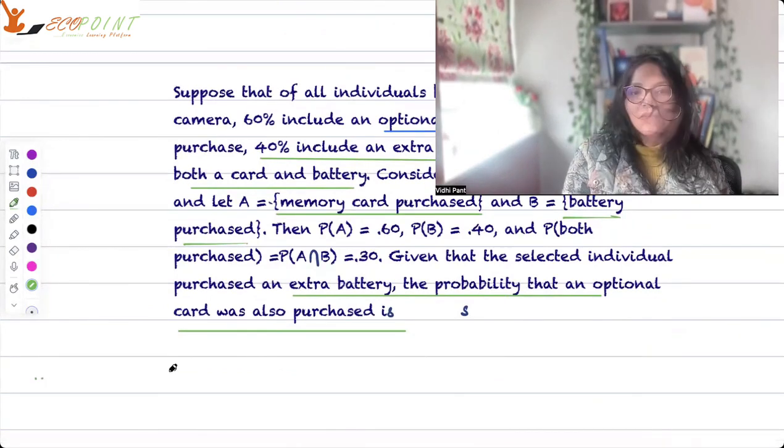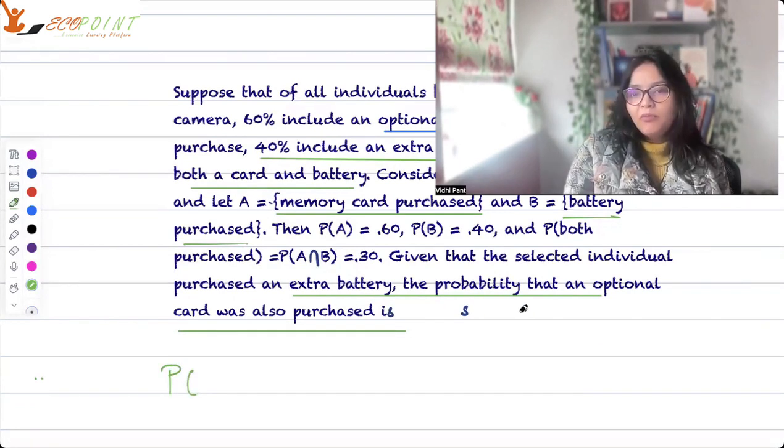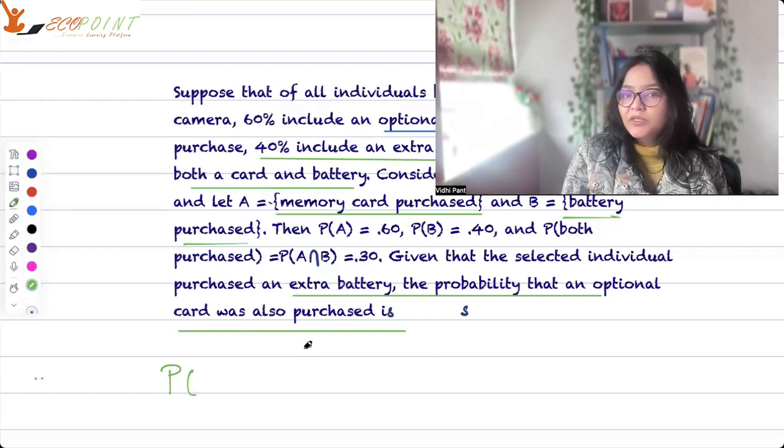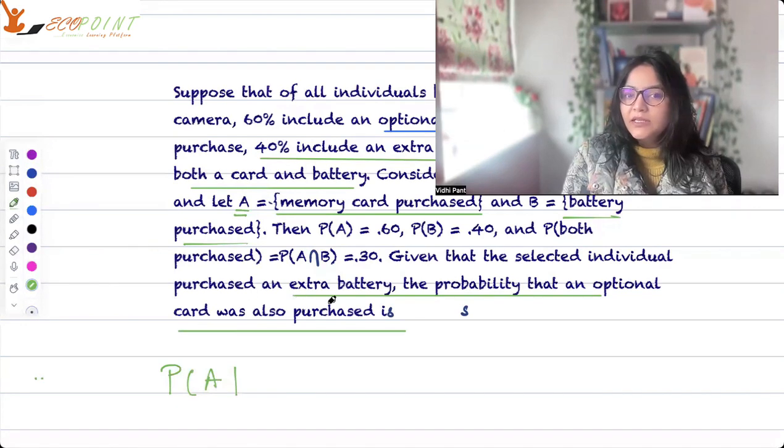So what is the probability we need to find out? The probability that an optional card is purchased given that an extra battery is purchased. So optional card, meaning memory card purchased, is event A. That means I want probability of event A given that the selected individual purchased an extra battery.